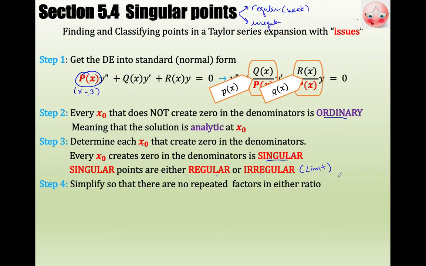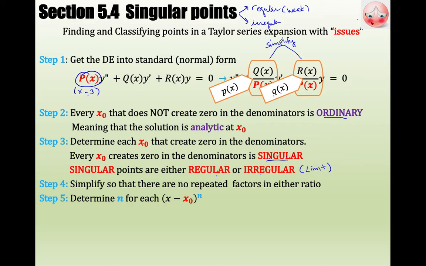Before you worry about the limit or the shortcut to the limit, you do need to simplify these expressions so you can use my shortcut. What you're trying to do is simplify so that there are no matching factors in the numerator and denominator anymore.